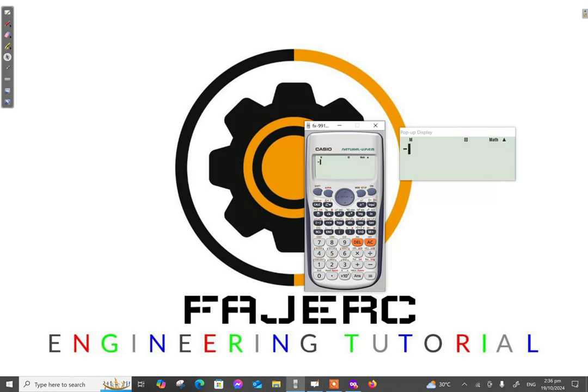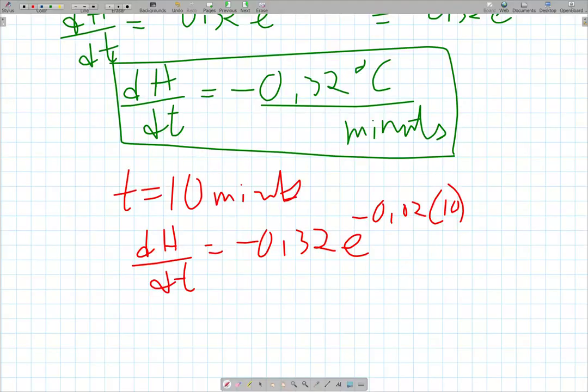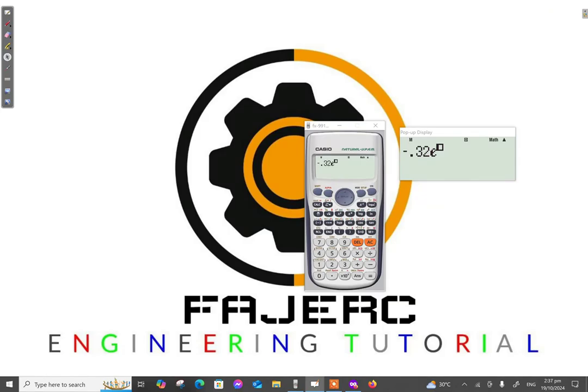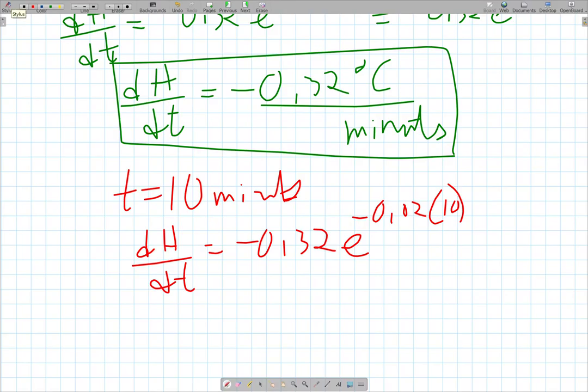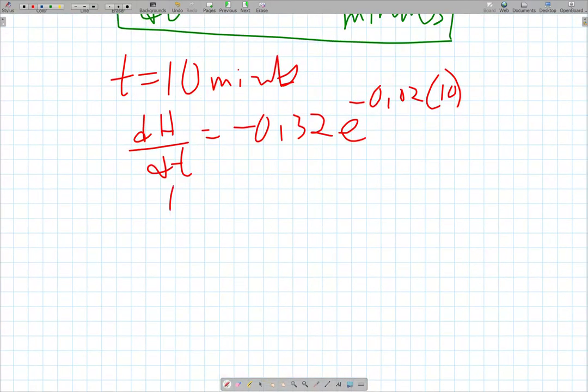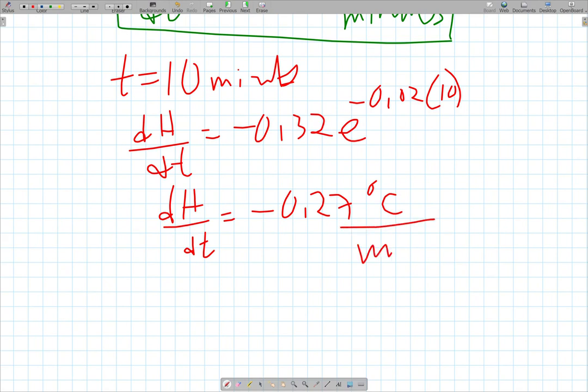Negative 0.32 times e and then exponent negative 0.02 times 10 minutes equals 0.27. Okay, so our dH over dt at 10 minutes is negative 0.27. The unit is of course degree Celsius per minute. Yeah, right?